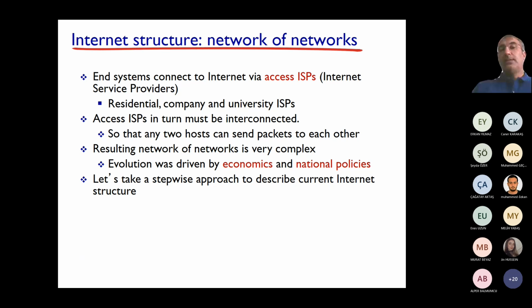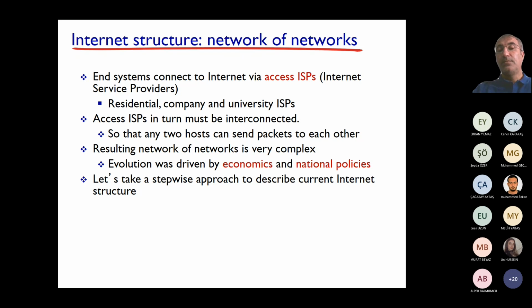Okay, so let's talk more about the internet structure at the global level. As we mentioned, it is a network of networks. Systems connect to the internet via access ISPs. These can be residential, company, and university ISPs. At the end of the day, access ISPs must be interconnected so that you can reach the other parts of the network.